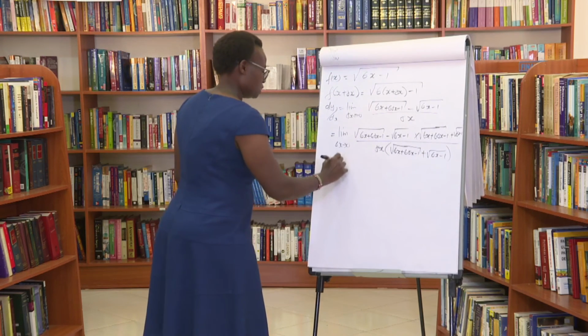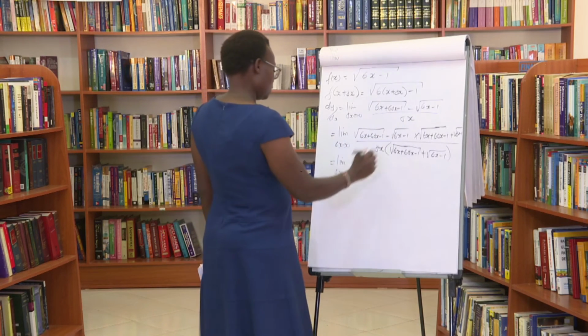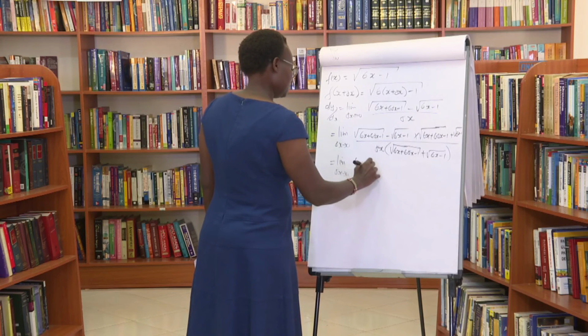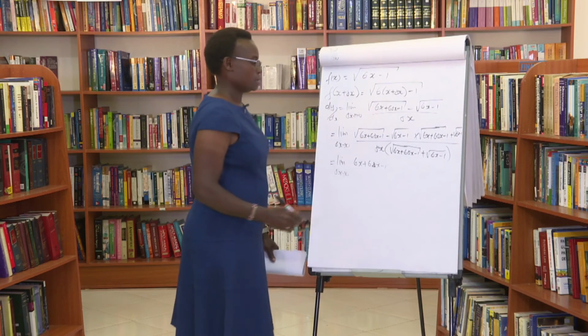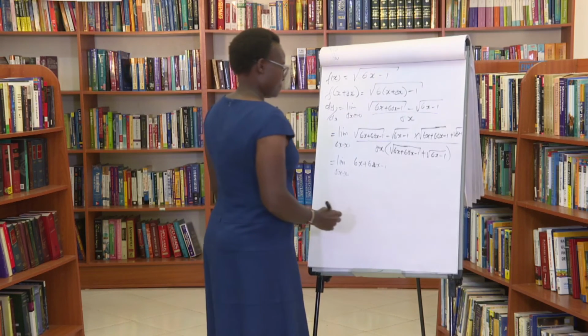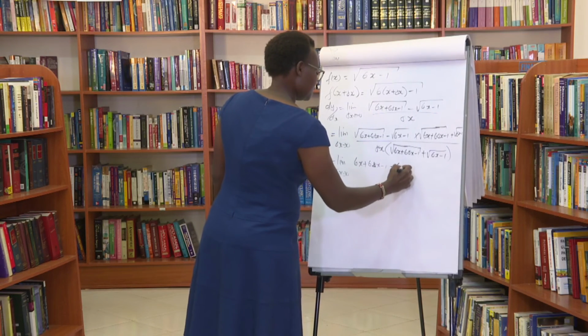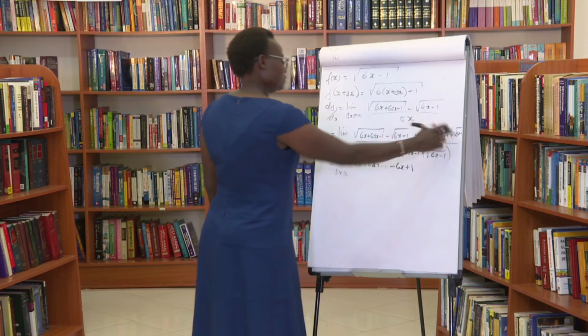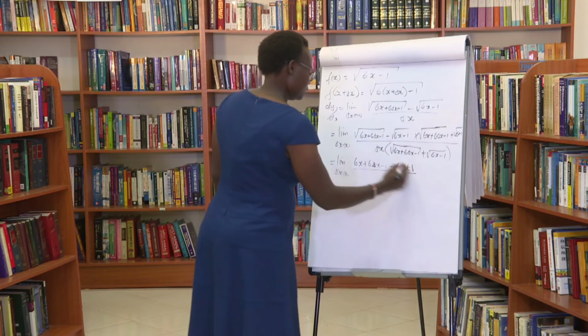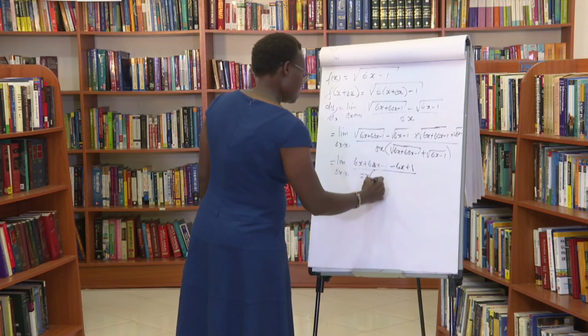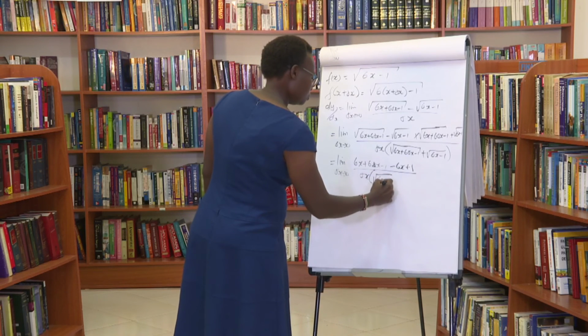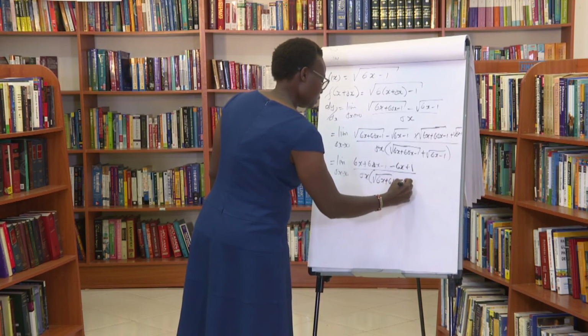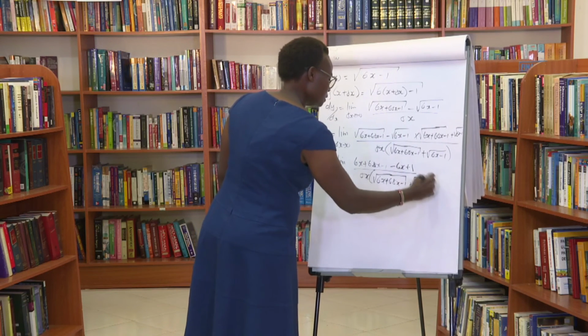So this will give us limit as change in x tends towards 0. So that would give us 6x plus 6 change in x minus 1, and then minus 6x plus 1 for that one. And then this will give us change in x, root of 6x plus 6 change in x minus 1 plus root of 6x minus 1.